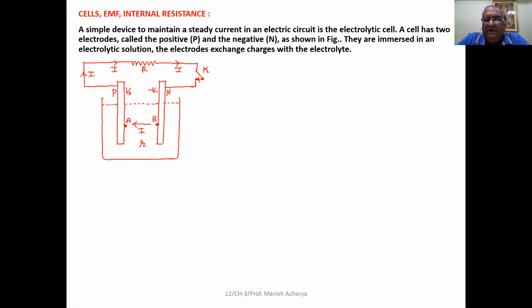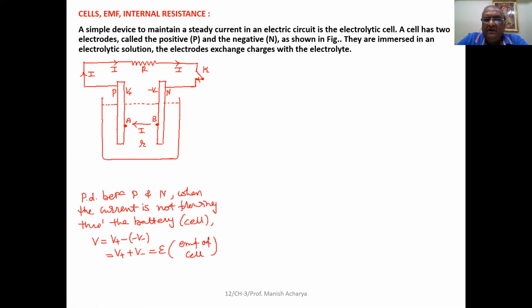Now, when this particular cell is not connected with any resistor in the outer circuit, at that time, whatever is the potential difference between these two electrodes, that is called EMF, meaning electromotive force of the cell.